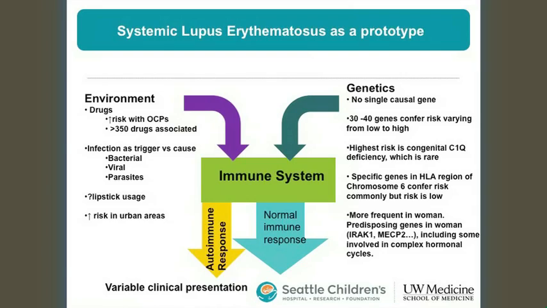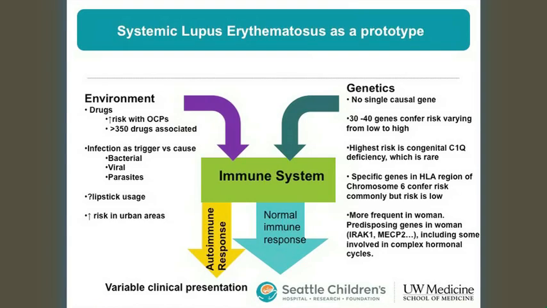I'll just use lupus as a prototype again, and like I said, our other speakers will speak about their areas. So just looking at how complicated this can be, if you look at just the environmental factors sometimes associated with lupus, there's over 350 drugs that have been associated with lupus.